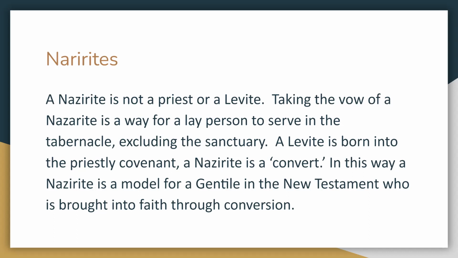So it's not to say that they're not under the covenant already of the whole covenant of Israel, but this is a special way for them to serve in a semi-priestly capacity within the temple or the tabernacle.